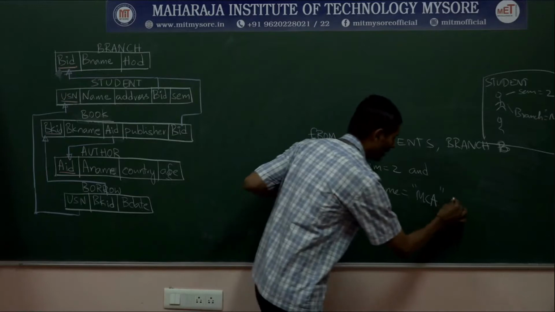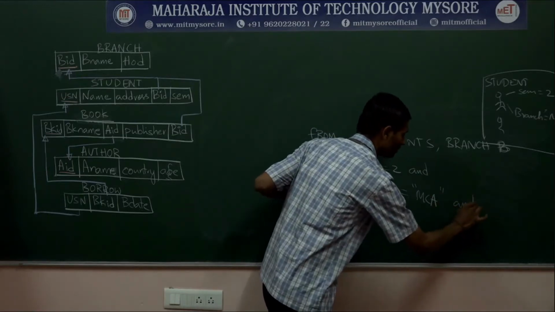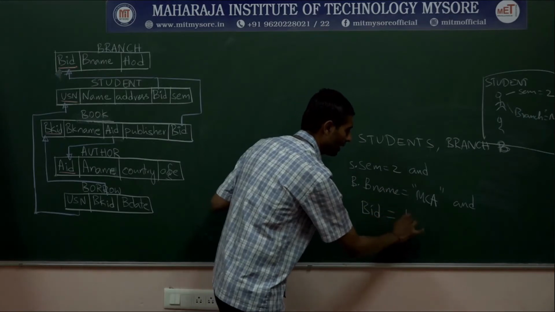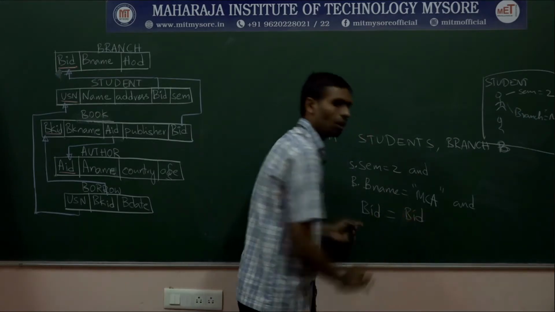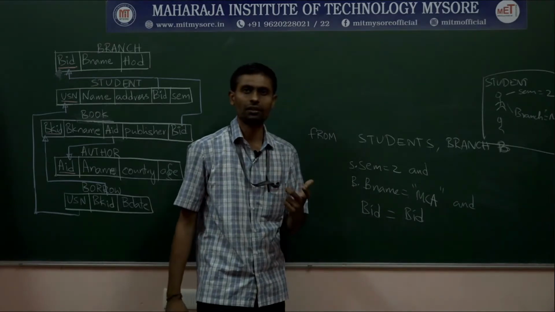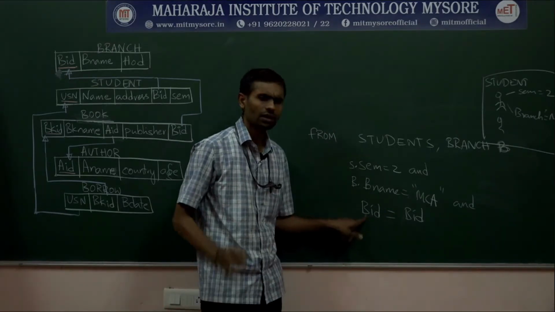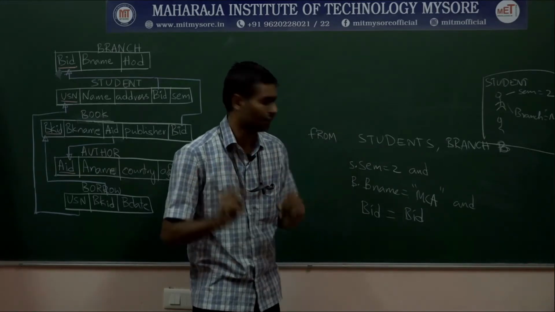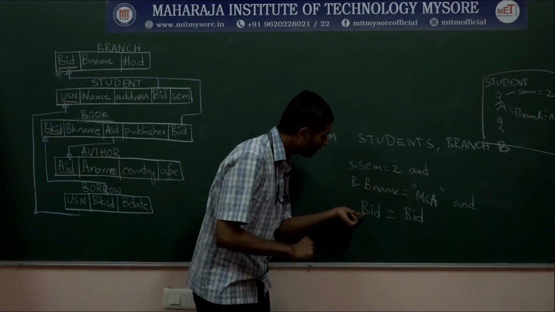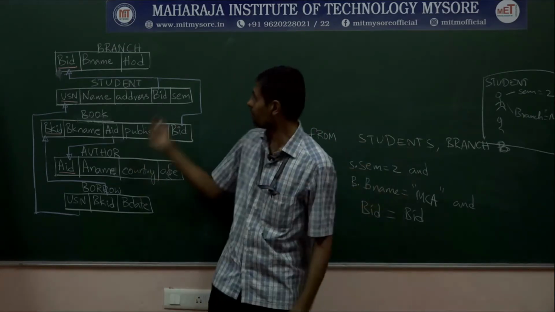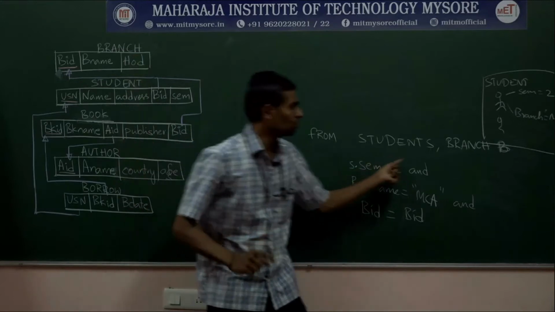Let me go with adding and BID. Is just writing BID itself enough? No, again this creates an ambiguity, right? So how can I resolve this ambiguity? Because for the BID, the SQL compiler is in a dilemma. I have two BIDs: the student table also contains a BID and the branch table also contains a BID.